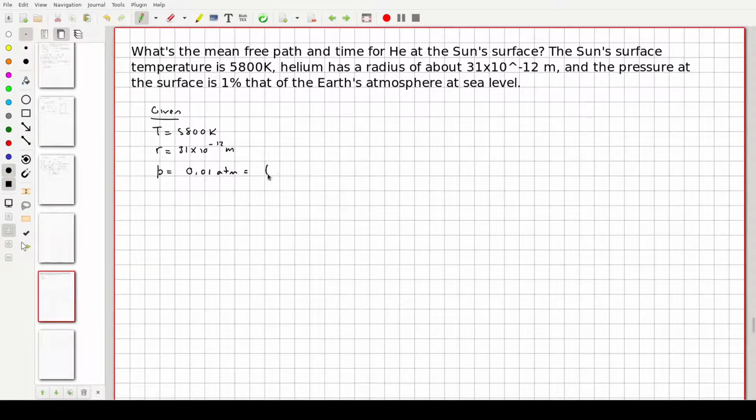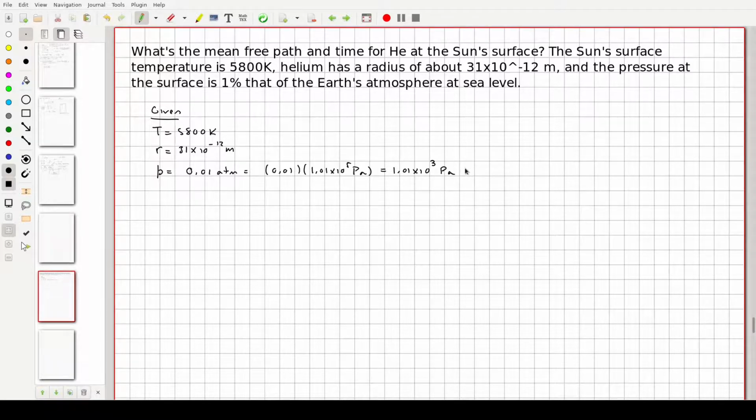Now, if you think of 1 atmosphere as being 1.01 times 10 to the 5th pascals, this right here is 10 to the minus second. So this would be the same thing as about 1.01 times 10 to the 3rd pascals.